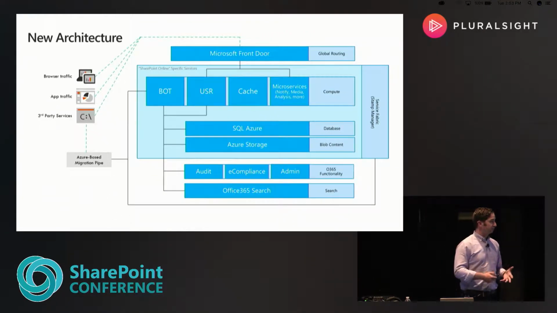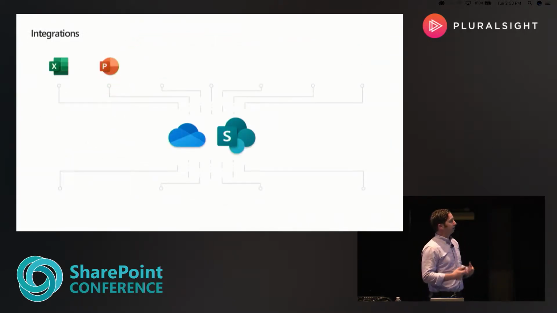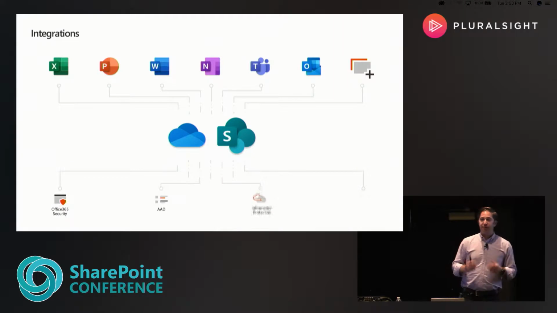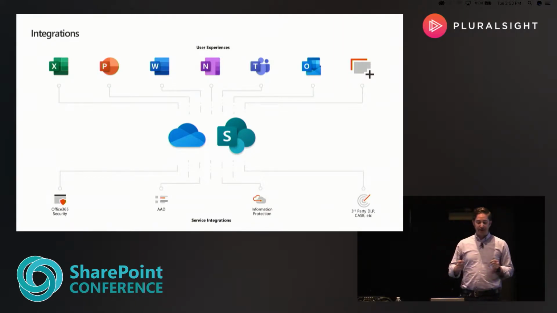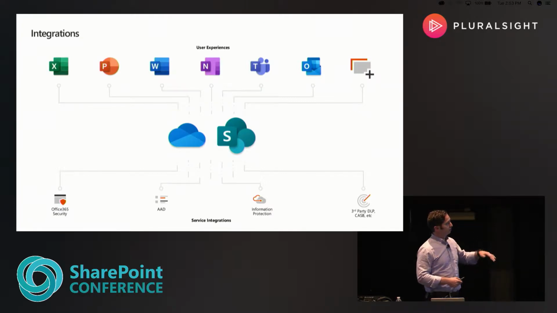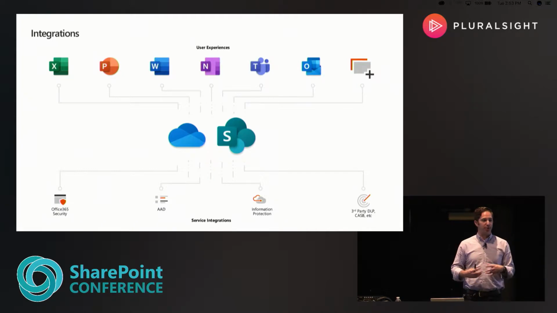So that's our basic architecture, but we really are the platform for file content and collaboration in O365. So we have integrations from users. So these are Word, Excel, PowerPoint, OneNote, Teams, your own custom applications, your own custom portals. They're all building services that interact with SharePoint content.